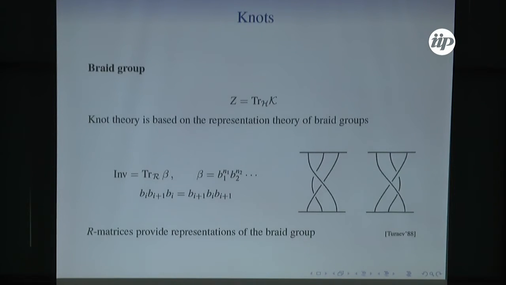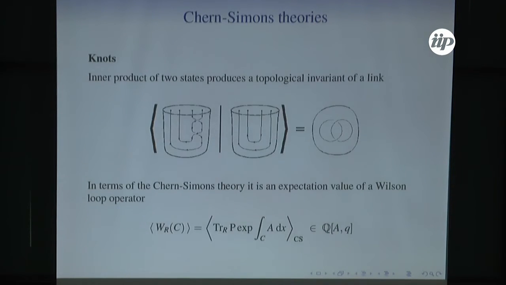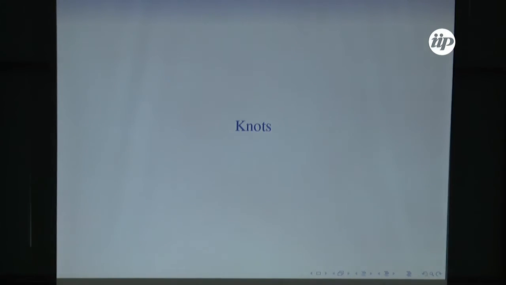These expectation values, these topological invariants of knots, are the basic observables of Chern-Simons theory. Generally they are rational functions or polynomials of several parameters, like A and Q in this case.